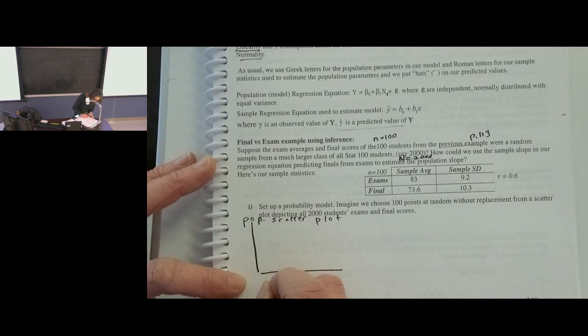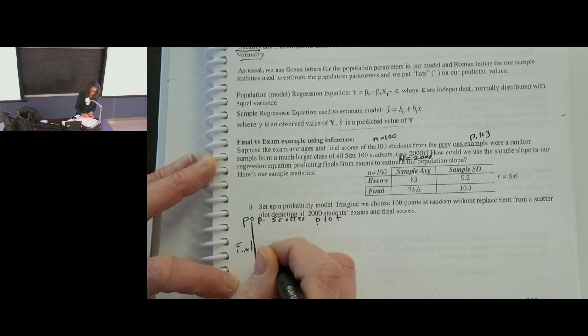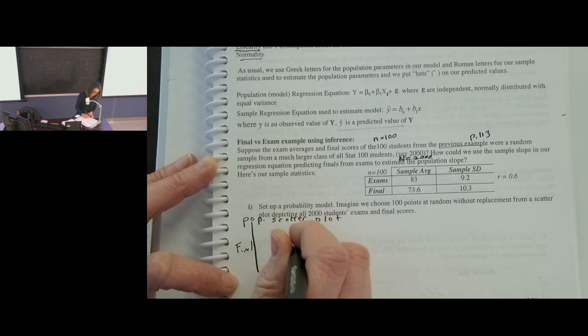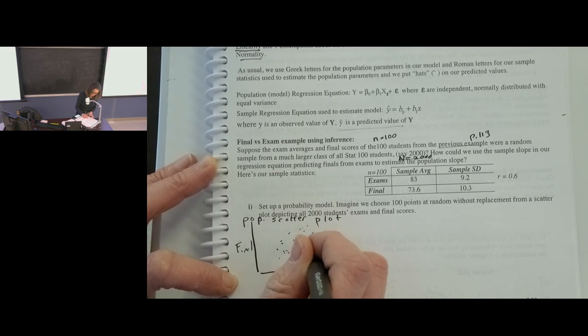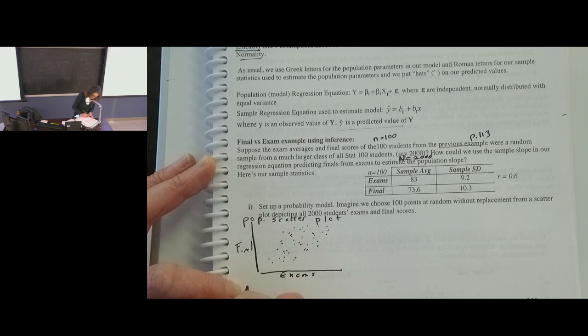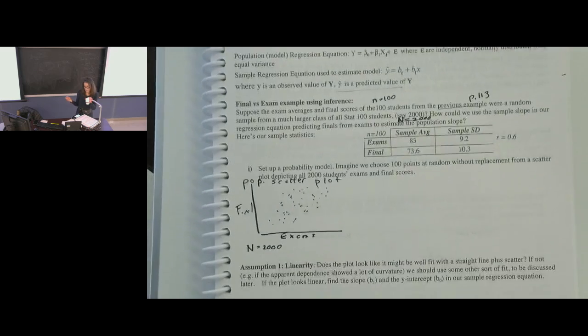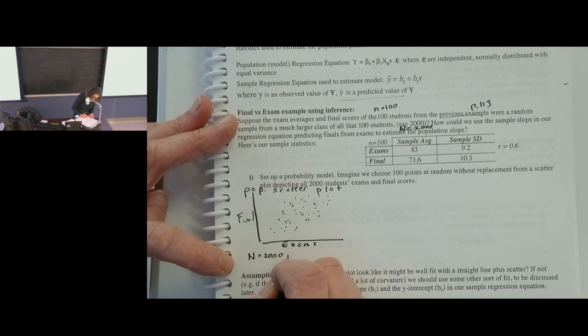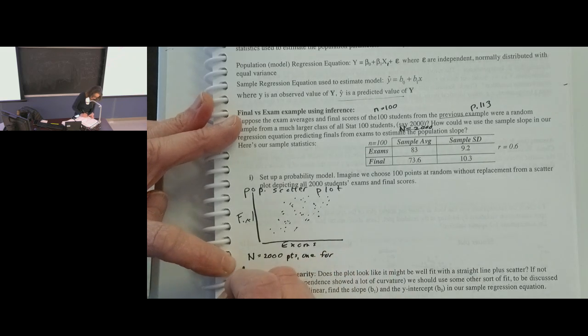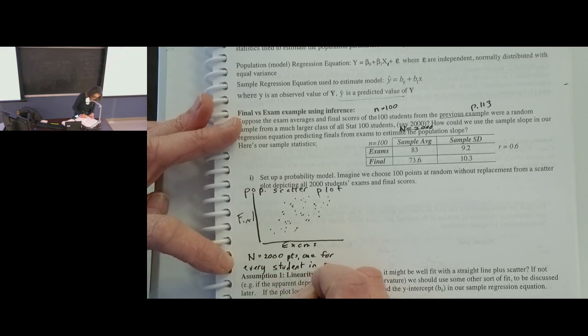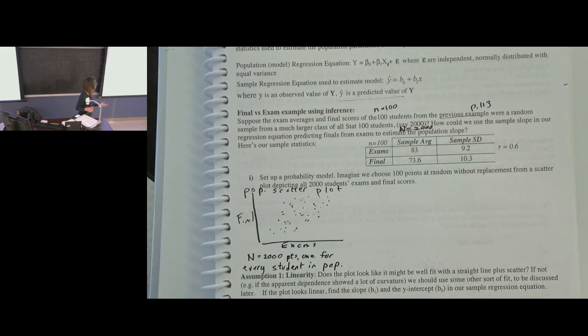We still have exams predicting the final, but now we have like 2,000 points, lots and lots of points. So I'll say we have big N equal to 2,000 points, one for every student in the population. There are 2,000 students in the population.